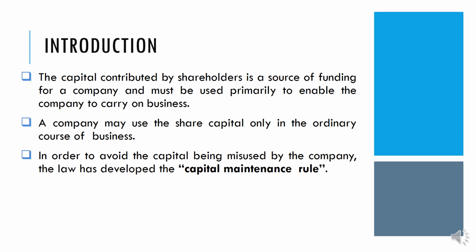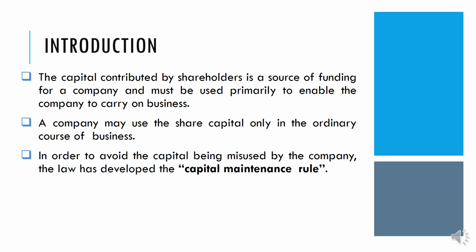So a company may use the share capital only in the ordinary course of business. So the money received from shareholders, that is the share capital, may only be used in the ordinary course of business. Okay. In order to avoid the capital being misused by the company, right, the law has developed the capital maintenance rules.